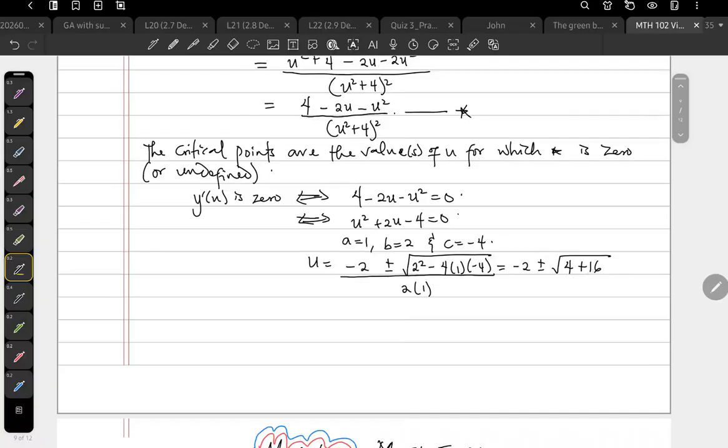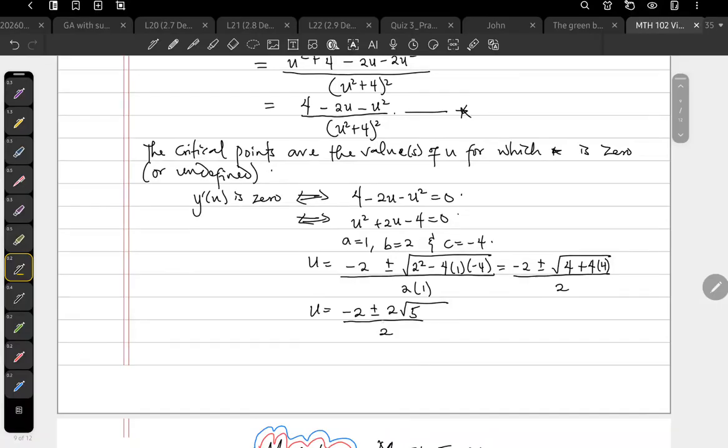I can write 20 as 4 times 5, because I want to factor out the common 4 and take it out of the square root. That gives plus or minus 2 square root of 5, all over 2.